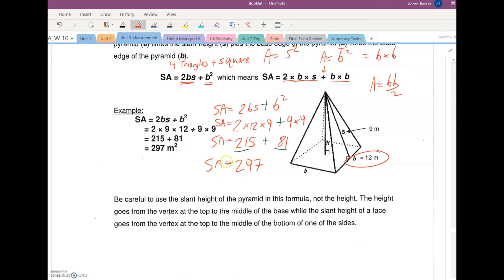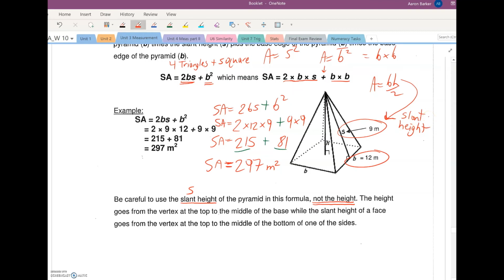Now all our units are in meters, so our final answer is going to be in meters squared. One thing to keep in mind is we are finding the slant height, S, and not the height. We will need the height next unit for volume. So be careful. This here would be the height of the triangle, which is the slant height.